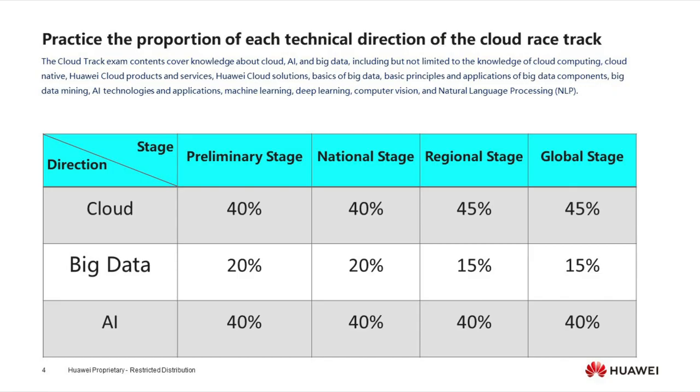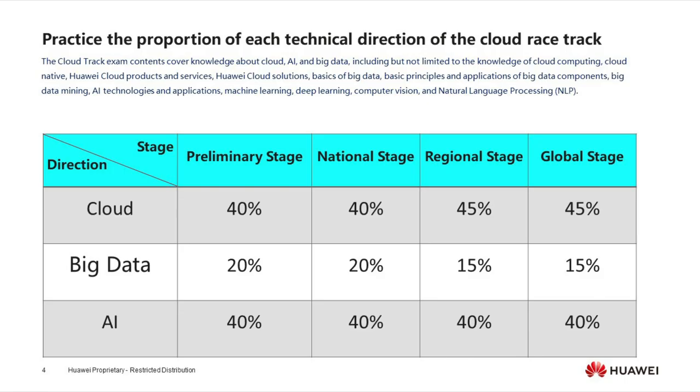In every stage, we will have all 3 directions. However, you might find that overall, the cloud direction and the AI direction occupy more, while big data occupies less.